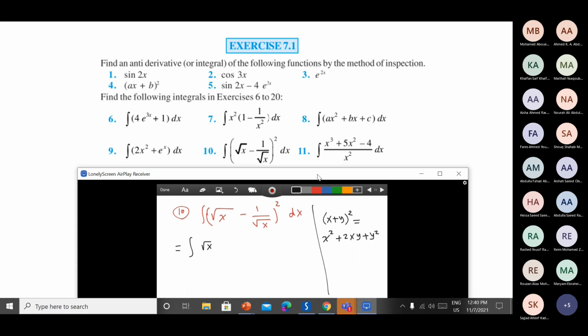So the first one squared, minus, because I have minus here, minus 2, the first one times the second one, plus the second one squared.